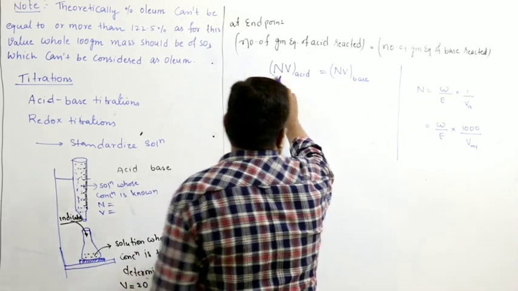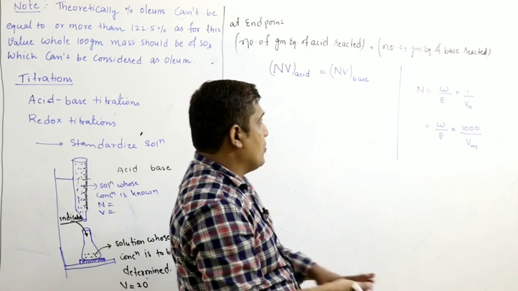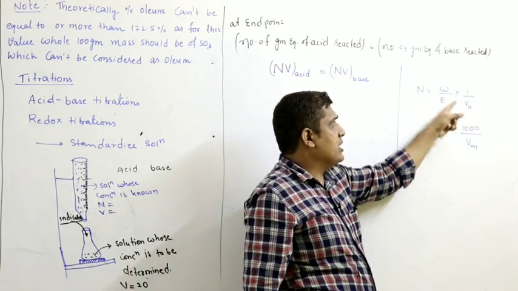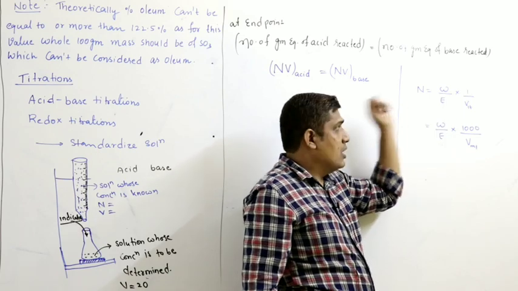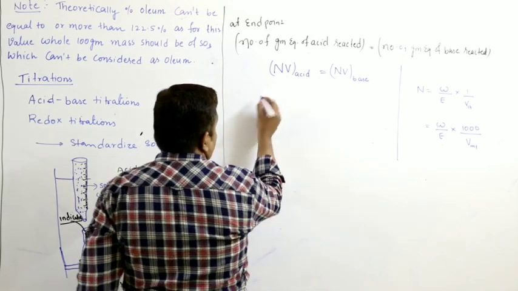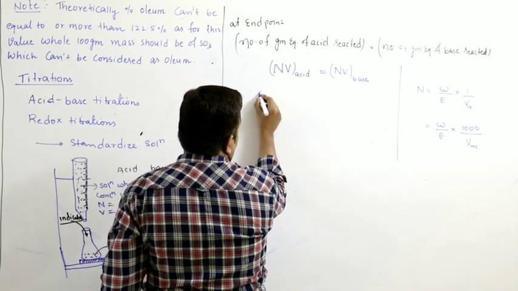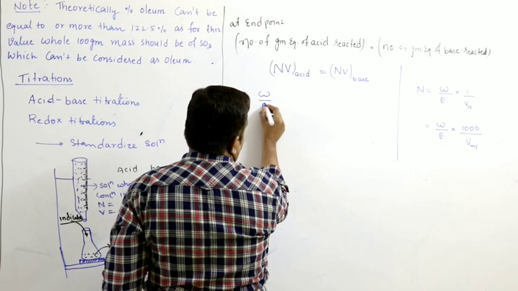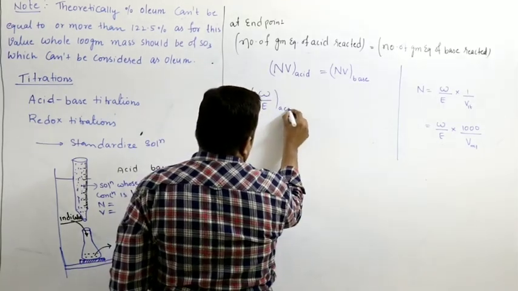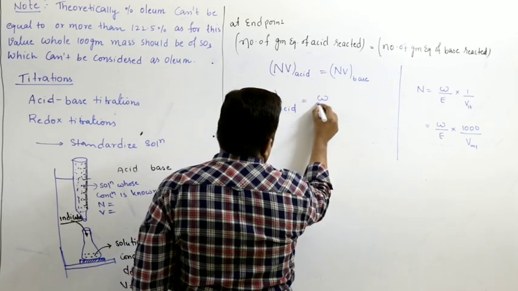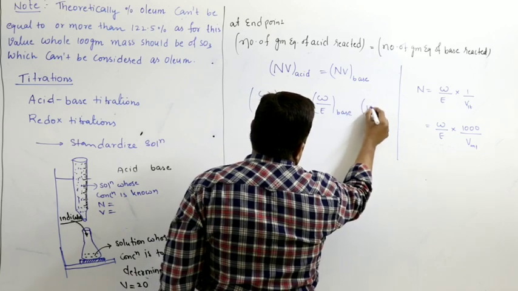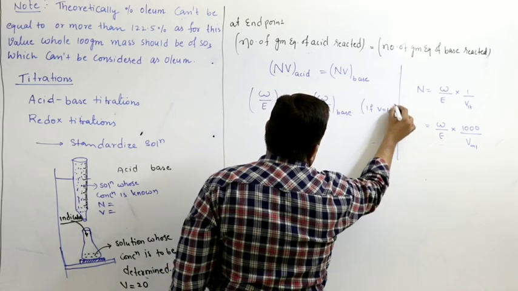So, if normality is not given, then you have to use this formula. If volume is in liters, N into V in liters is weight by equivalent weight. If volume is in ml, weight by equivalent weight into 1000. So, I will write both. Weight by equivalent weight of acid must be equal to weight by equivalent weight of base if volume is in liters.